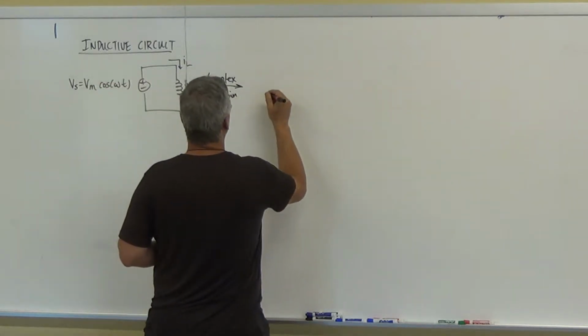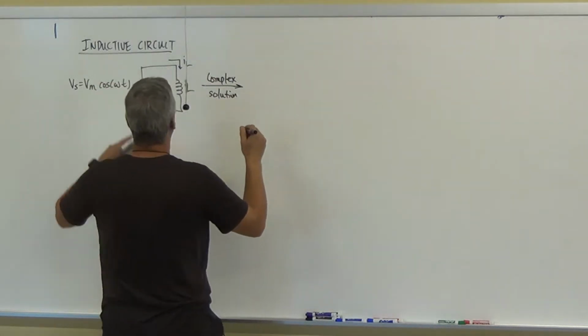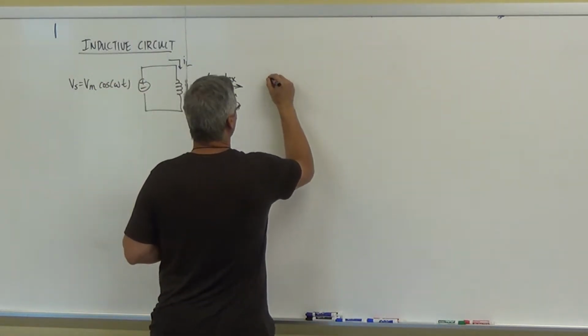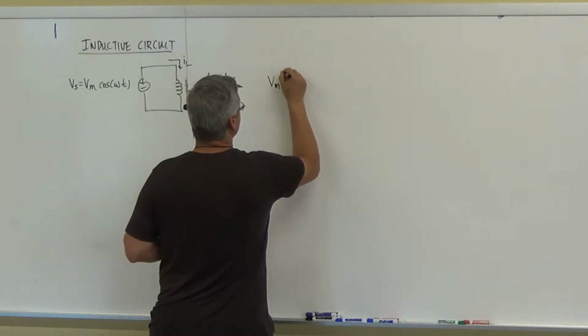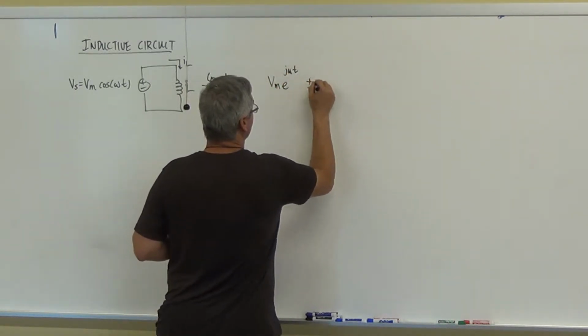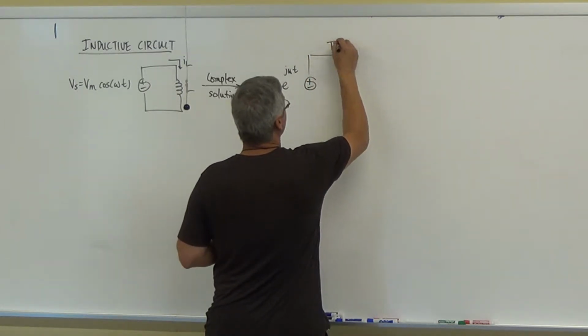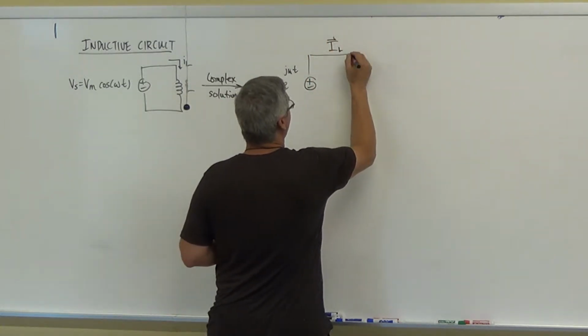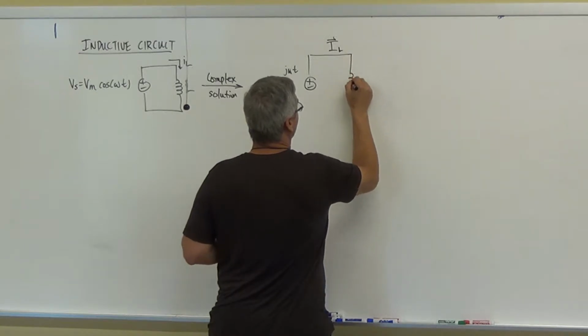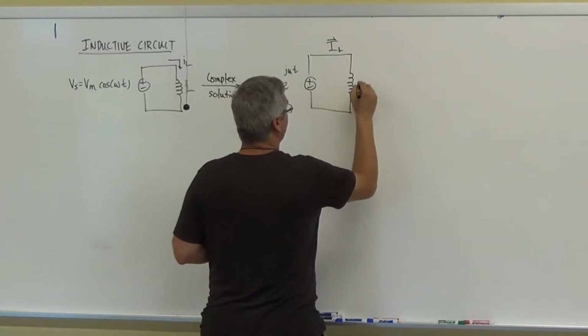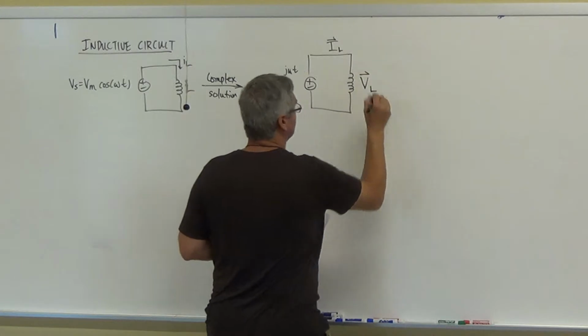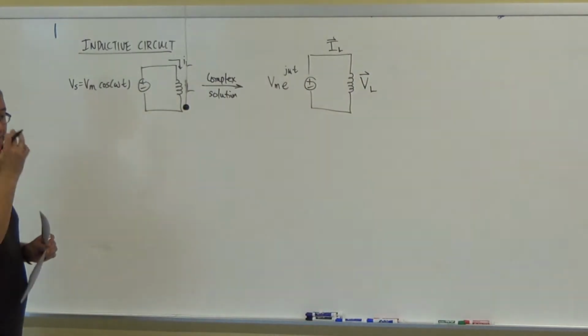And now what I do here is I look at this guy, and I can see that this is going to be Vn e to the j omega t. And so we assume here that I have a complex current, and then I have a voltage that's going to be complex in form.